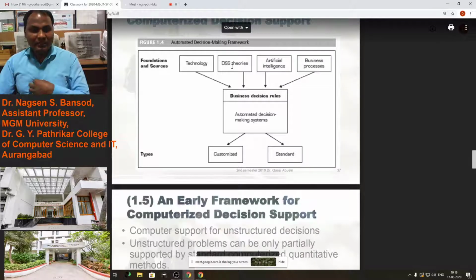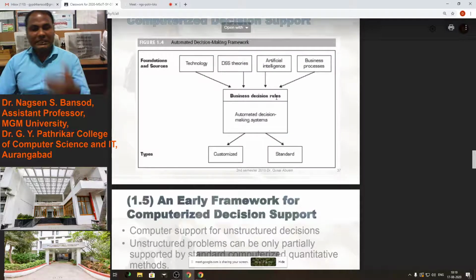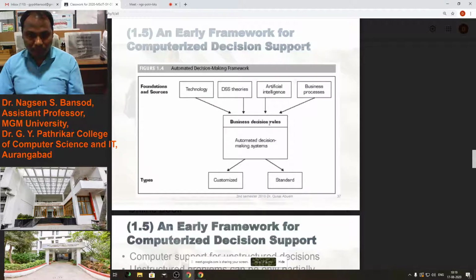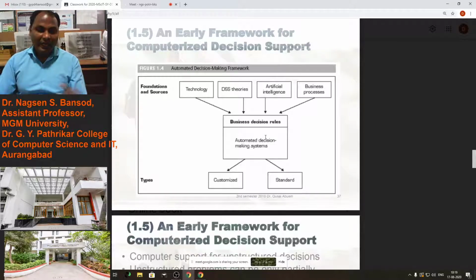Okay, these are the decision support system. Also we have to use artificial intelligence so that the customer can get results very quickly from the automated decision system.